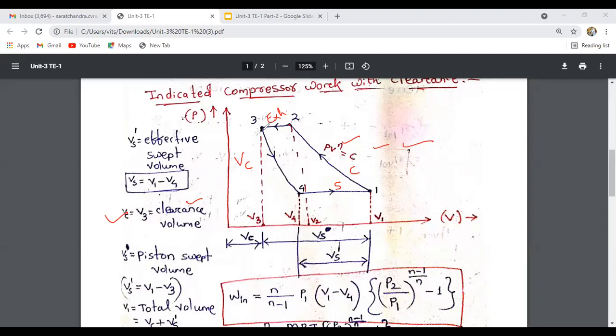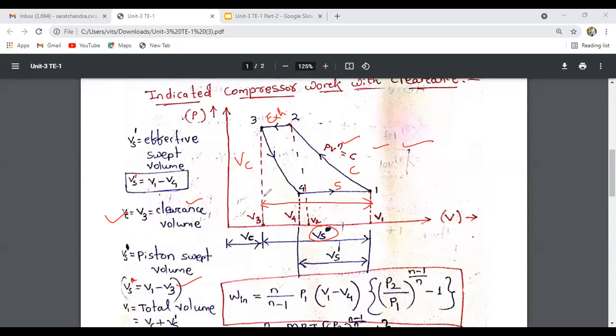VS is from this point to this point. This part is called VS, the swept volume. How to calculate this part? VS equals V1 minus V3. Why have I written V1 minus V3? Because V1 is from the start to this point, and V3 is from the start to this much part.